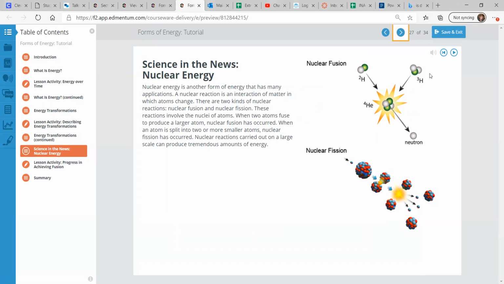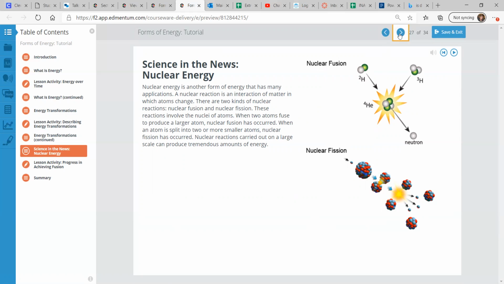We have nuclear fusion, in which atoms fuse together, and nuclear fission, where things are broken apart. When two atoms fuse to produce a larger atom, that is nuclear fusion. When an atom is split into two or more smaller atoms, nuclear fission has occurred.